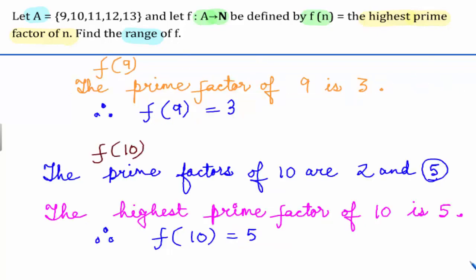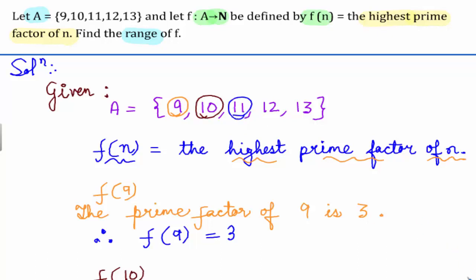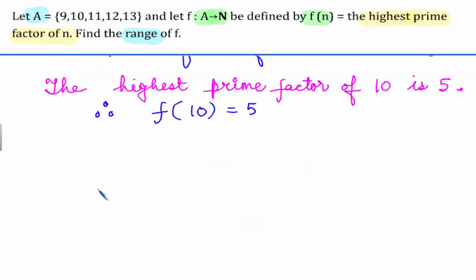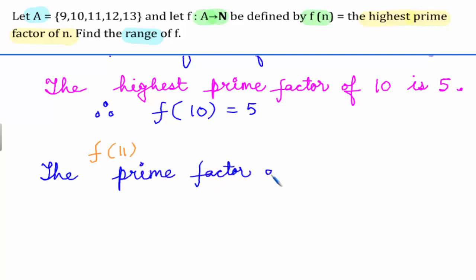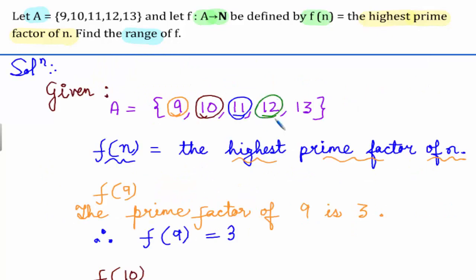Now let us find out f of 11. And the prime factors of 11, there is only one prime factor of 11. So we write the prime factor of 11 is 11 itself. So it is the highest prime factor of 11. So f of 11 will be 11 itself. Next we need to find f of 12.